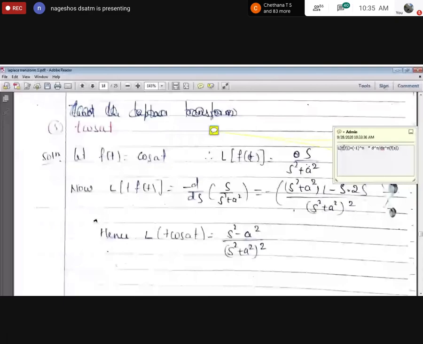This is t power n actually, not t f of t. t power n f of t equals minus 1 power n, d power n divided by ds power n, f bar of s. Again I lost connection.